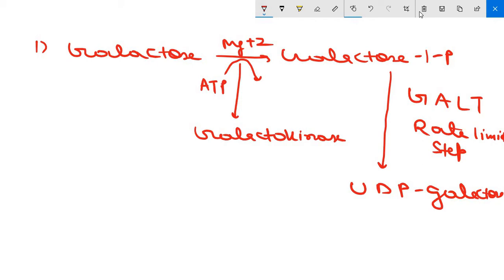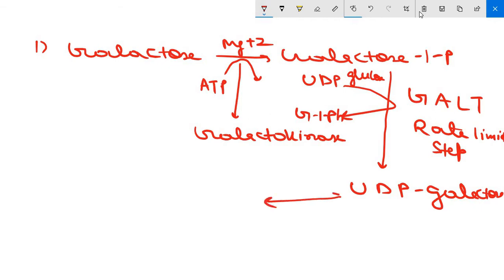Clear? In this step, from galactose 1-phosphate to UDP galactose, the UDP is coming from UDP glucose. UDP glucose, after providing UDP, is converted into glucose 1-phosphate. Clear?